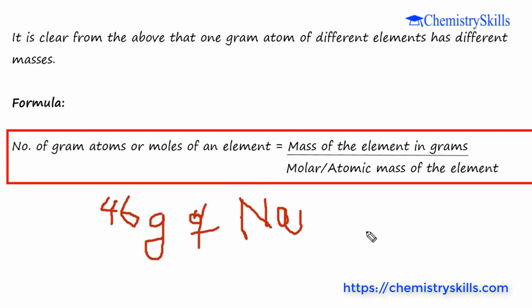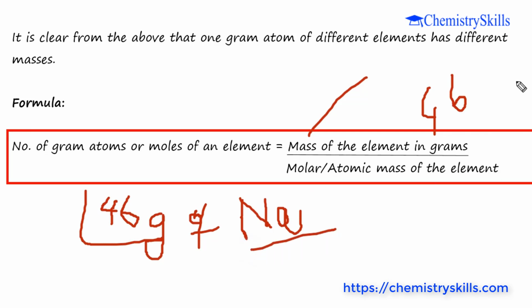How many moles are there? Okay, what will we do? As per this very simple formula, the mass of the element in grams. What is the mass? 46 grams. So 46 divided by the molar or atomic mass of the element. Which is the element? Sodium.